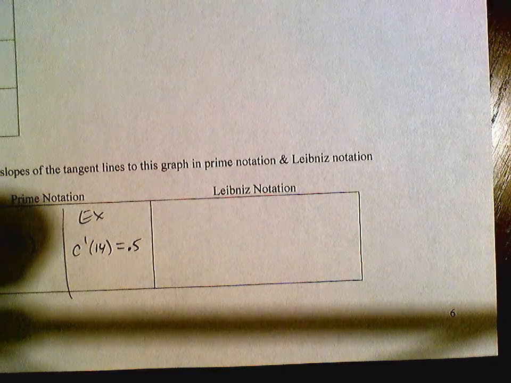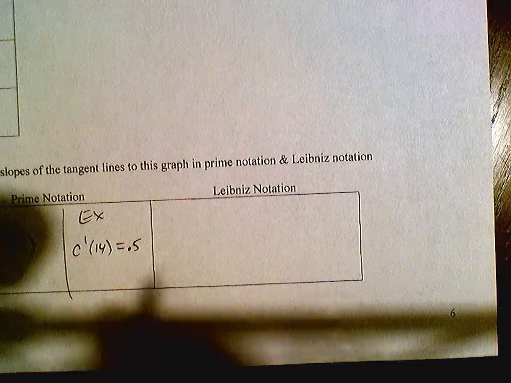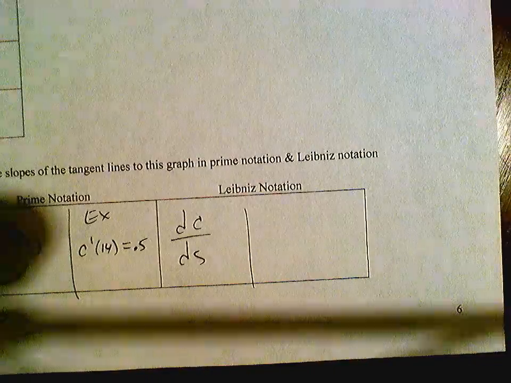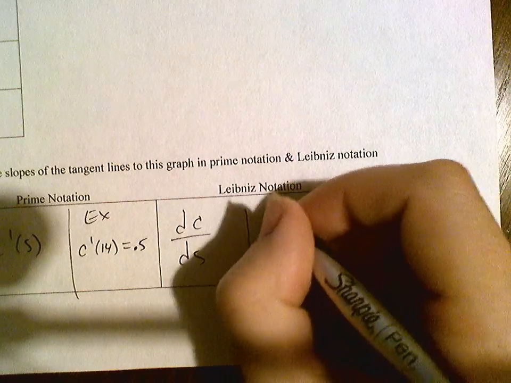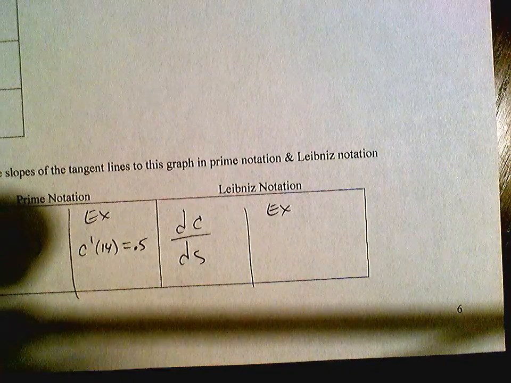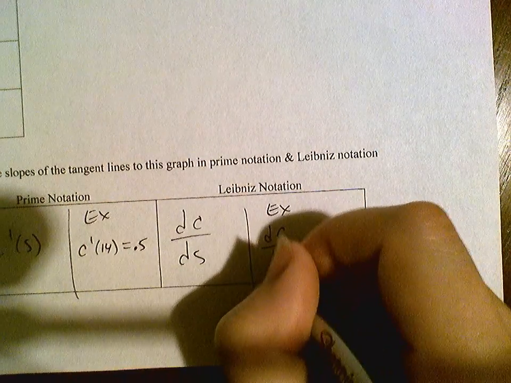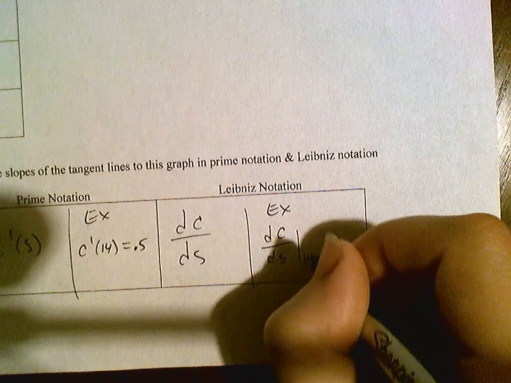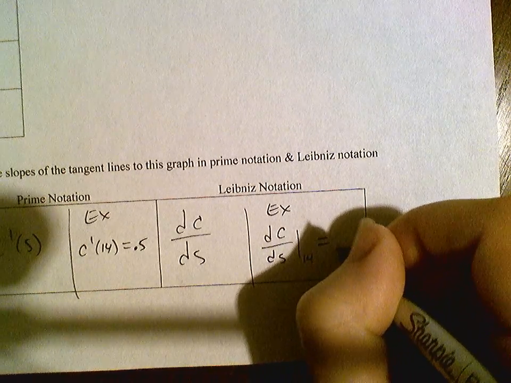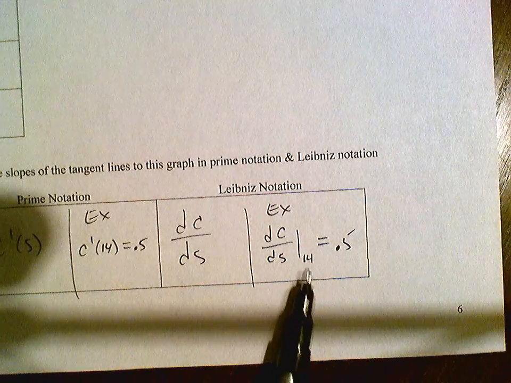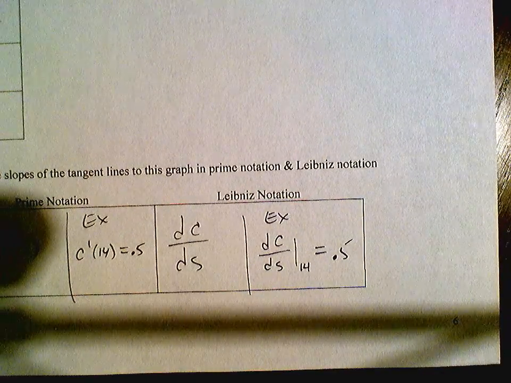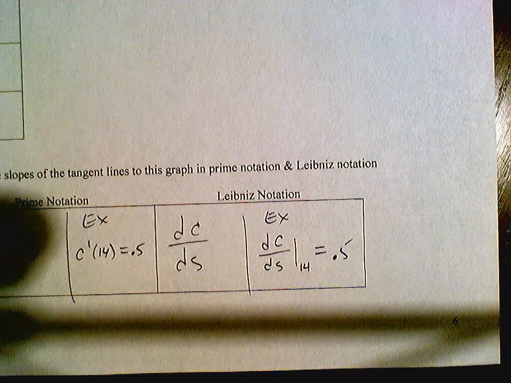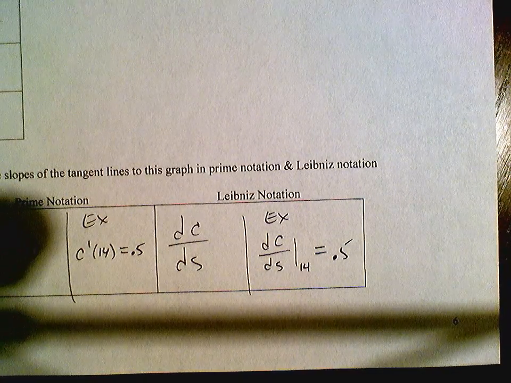So our output is C, our input is S, so it would be dC over dS. And let me do an example using the notation dC over dS bar, I'll again say at 14, and this equals 0.5. It's better if you just put the number, I think. You could say S equals 14, that'd be fine, but I think it looks more elegant like this.